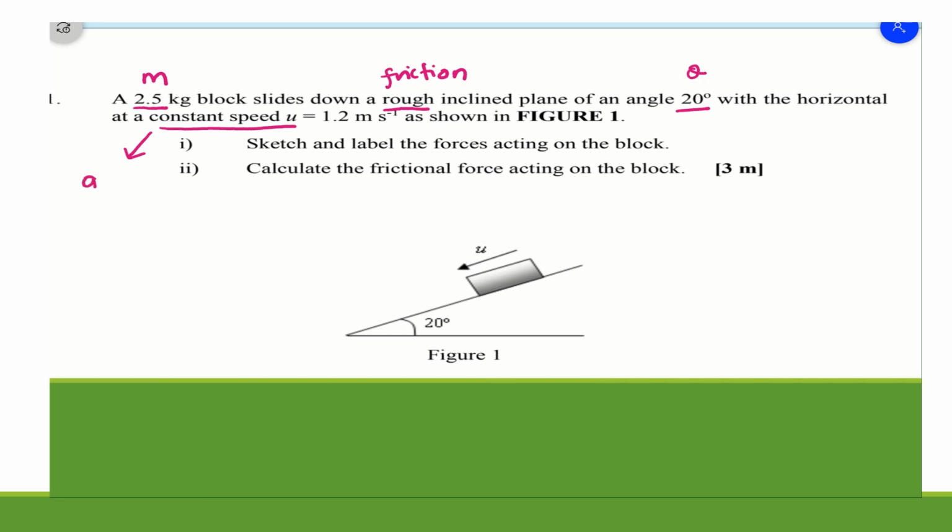Constant speed means that acceleration must be equal to 0. The speed is 1.2 meter per second as shown in figure 1. First, sketch and label the forces acting on the block. Second, calculate the frictional force on the block.